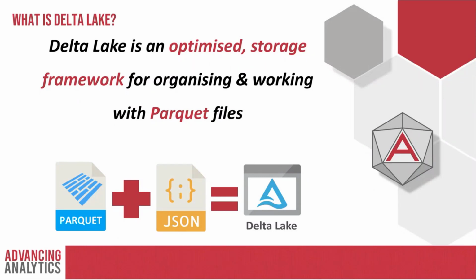And then on top of that, we also have a JSON transaction log, which helps with our versioning and lots of the features of Delta Lake. So yeah, Delta Lake is Parquet, but better. It's got a few more bells and whistles, a few more things going on.